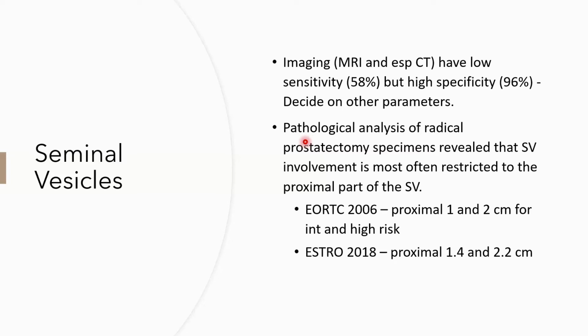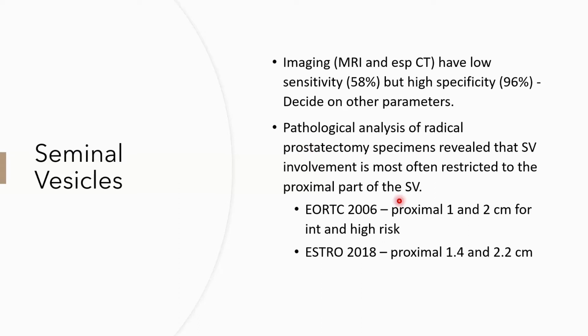Of the two contouring guidelines, the EORTC guideline of 2006 recommended a proximal 1 centimeter for intermediate risk prostate cancer and 2 centimeters for high risk prostate cancer. The ESTRO guidelines of 2018 have modified it to include proximal 1.4 centimeters and 2.2 centimeters for intermediate and high risk disease, based on further studies that have occurred between 2006 and 2018.